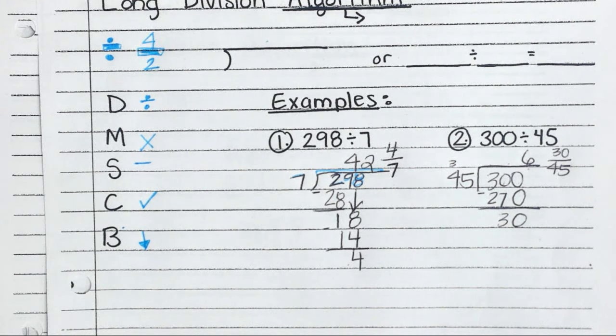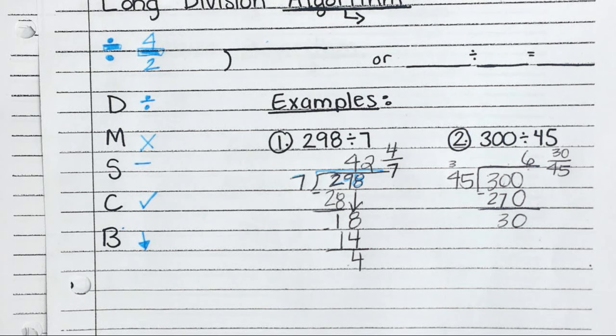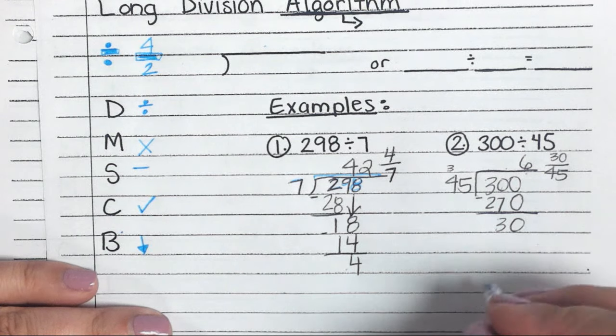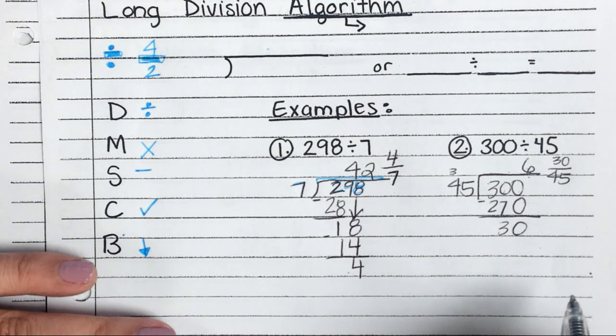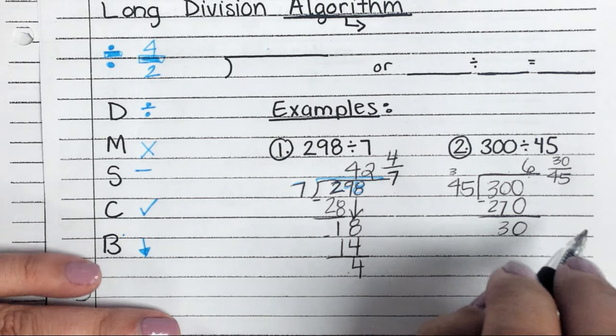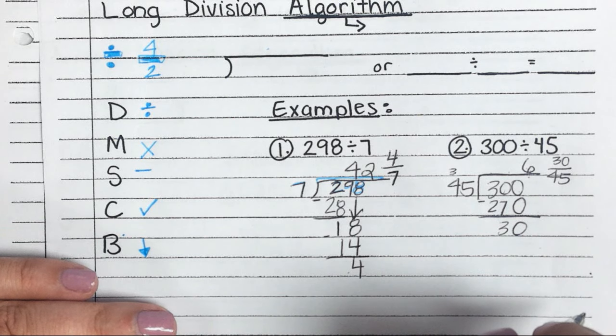Why do you say no? She recognized we can reduce that fraction. Okay? So, we have 6 and 30 over 45. What number can go into both 30 and 45? 5. Is there a larger number? Let's try 5.